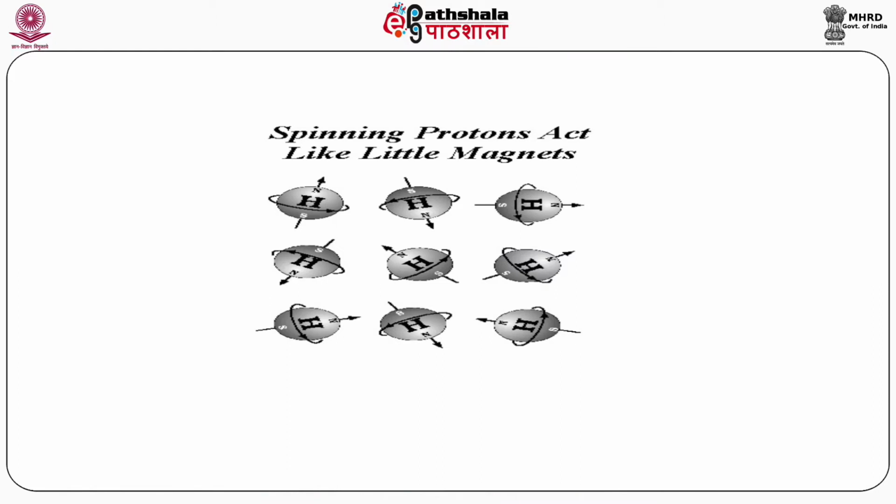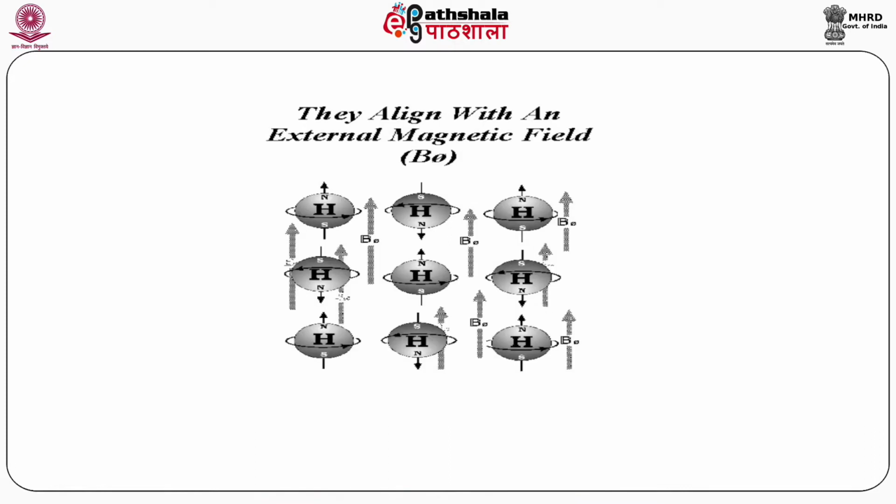In this figure, you can see the hydrogen nuclei are randomly oriented, and therefore net magnetization present in the sample is zero, which means tissues are not magnetized in absence of any magnetic field.